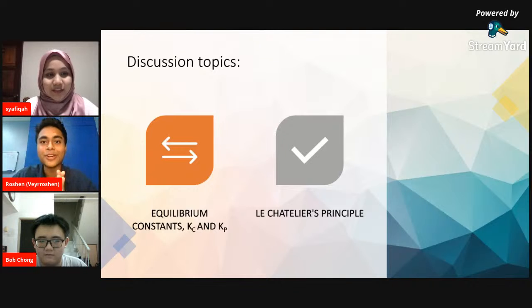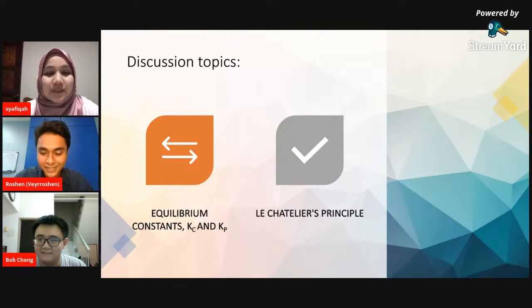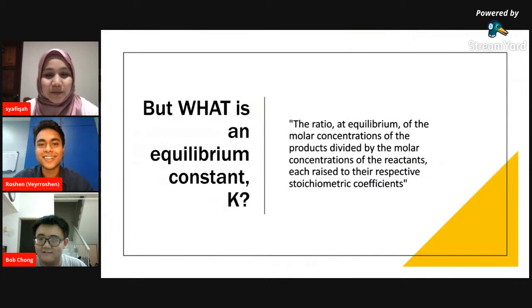Now we're going to have Syafiqah to describe and explain what equilibrium constants are. Equilibrium constant is a ratio of product over reactant. Does it show any relationship?